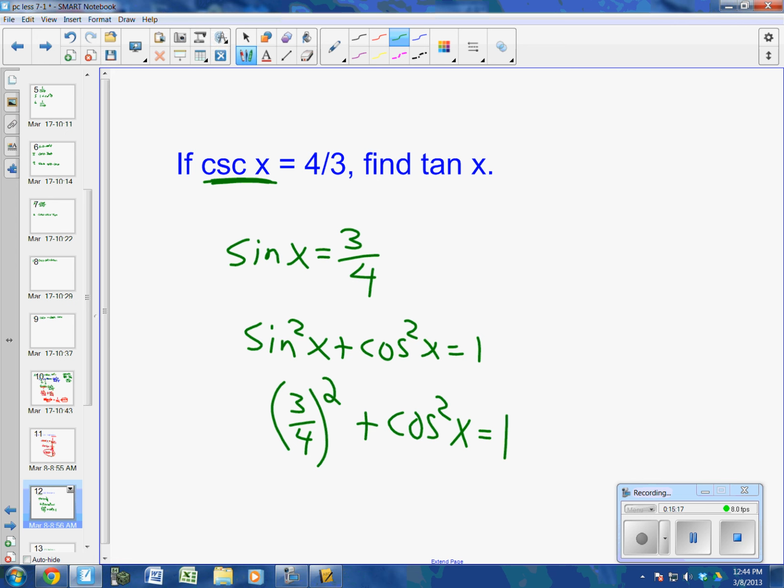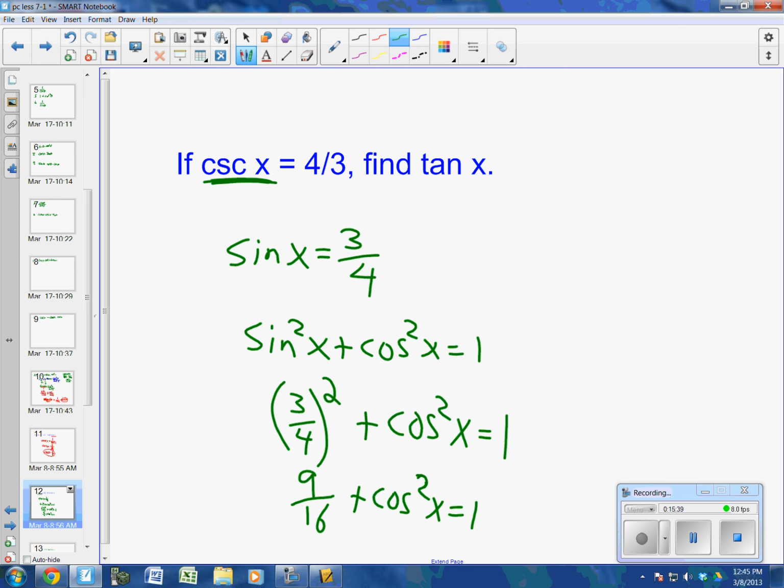Okay, so we make that substitution, and 3/4 squared is 9/16, right? Plus cosine squared of x equals 1. We got to solve that for cosine. How do you solve that for cosine?